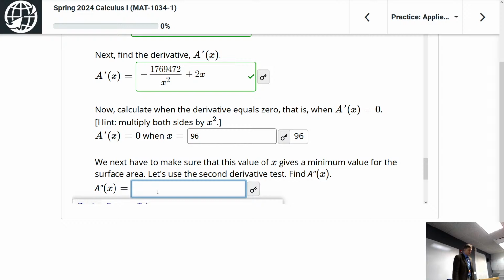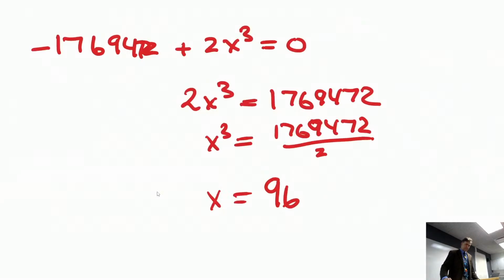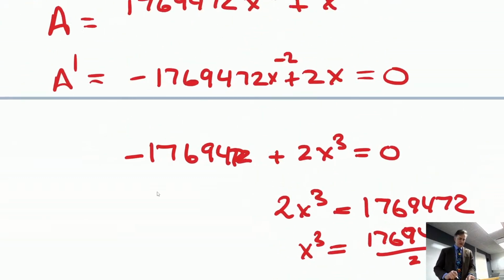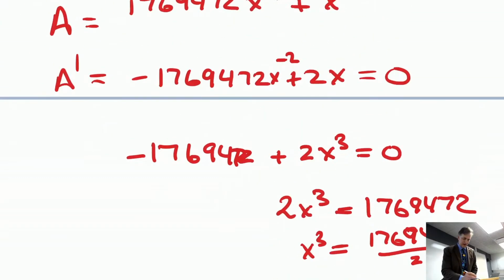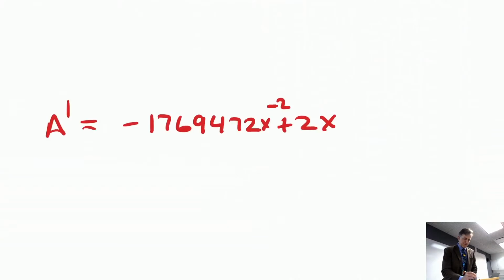Okay, now it wants you to compute the second derivative. So what is the second derivative? Let me go back to my original problem. Here it is. There's the first derivative right there. In fact, I'll just copy this so that I don't have to rewrite it. Paste. So do the second derivative.